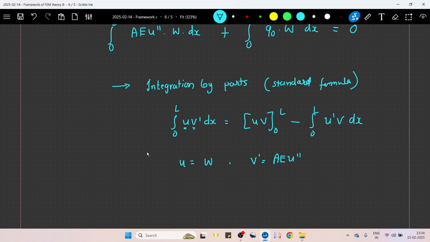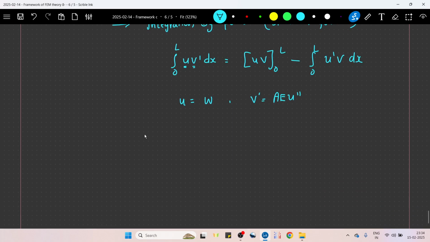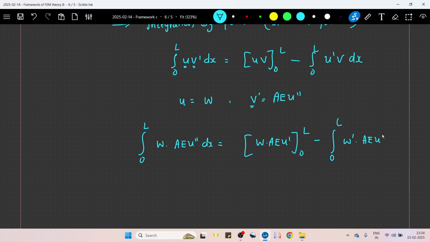So integral from 0 to L of w AE u double dash dx is equal to w times v, which is one order less than v dash, so it should be AE u dash, from 0 to L, minus integral of u dash, which is w dash, times v, again one order less, so AE u dash, dx.